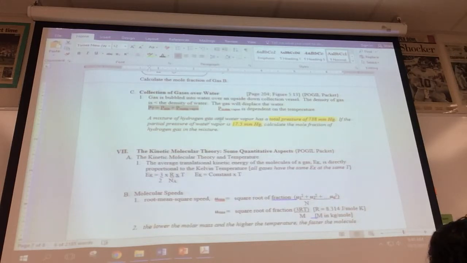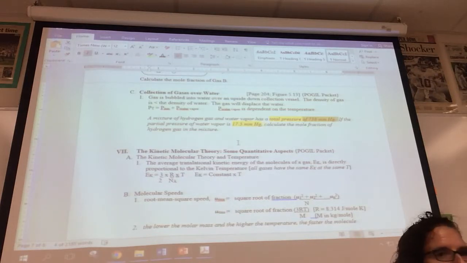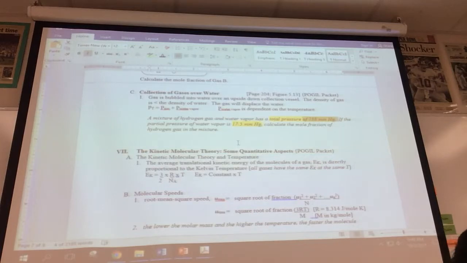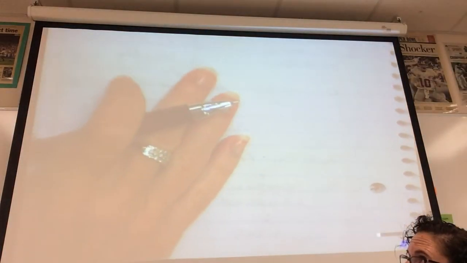A mixture of hydrogen gas and water vapor has a total pressure. Now it may just say that atmospheric pressure is 738 millimeters of mercury. If the partial pressure of water vapor is 17.5 millimeters of mercury, calculate the mole fraction of the hydrogen gas in the mixture. So let's take a look at what they've given us.